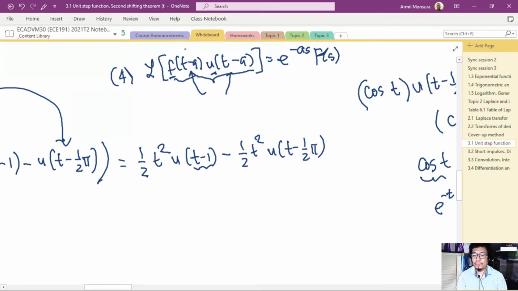Okay? So, for example, in this case, if you consider 1/2 of t squared as your f of t, and u of t minus 1 as your unit step function, so this is u of t minus a. You might want to recognize the fact that they don't possess the same amount of shift.